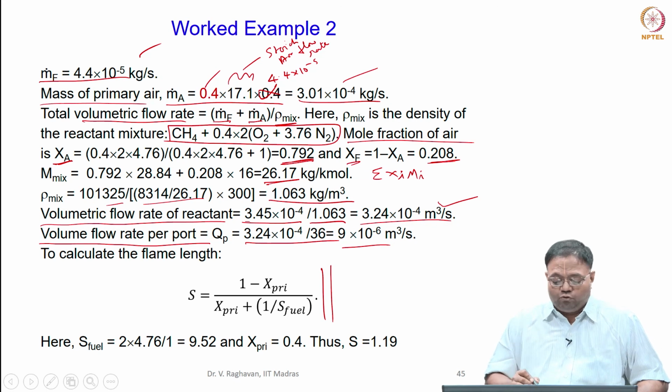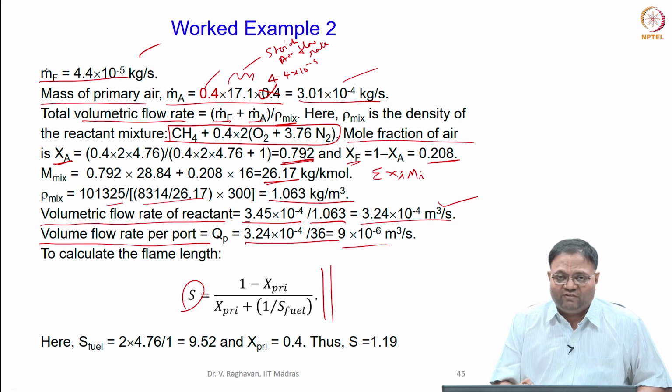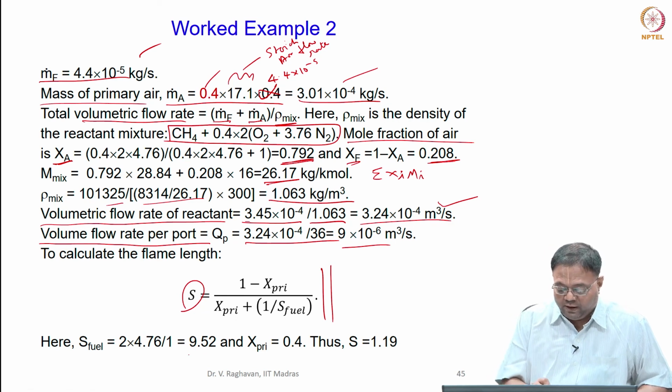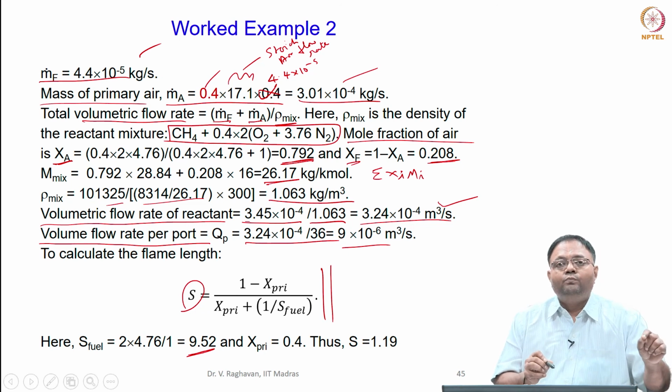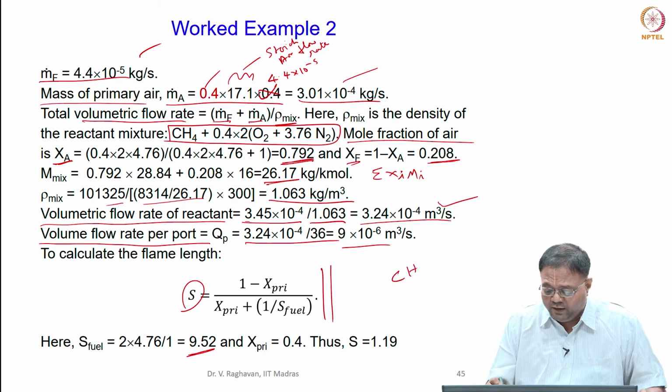Primary aeration is there. So the S value has to be calculated using the formula we have already projected: 1 minus the fraction of primary air, which is 0.4, divided by Xp plus 1 by S fuel. S fuel is nothing but 9.52. When you have no primary air, the reaction is methane plus 2 times oxygen plus 3.76 nitrogen.